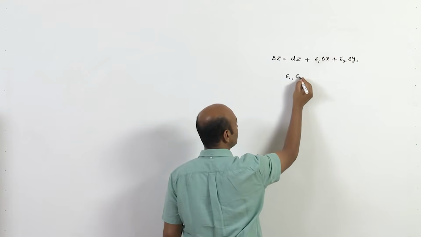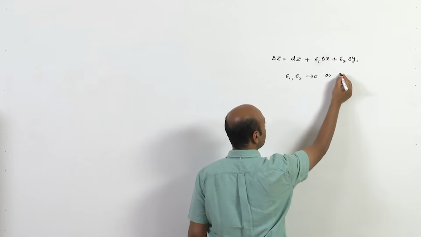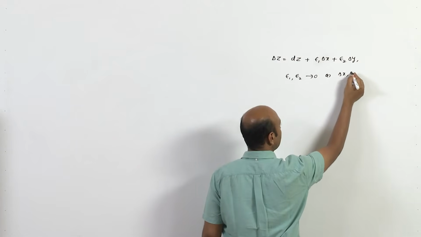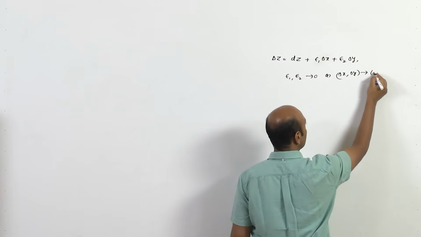Epsilon 1 and epsilon 2 should tend to 0 as (delta x, delta y) tends to (0, 0).